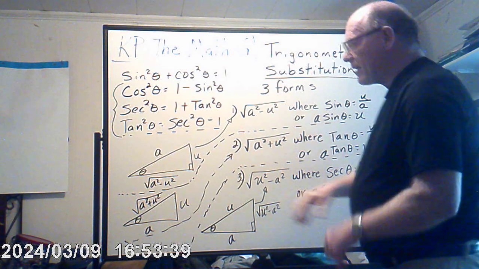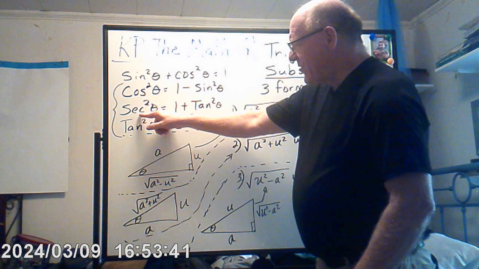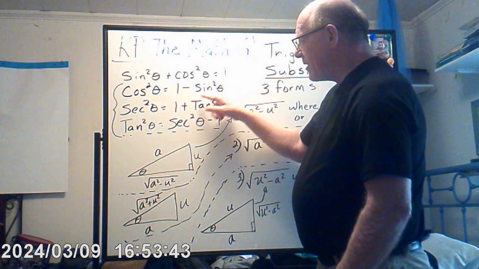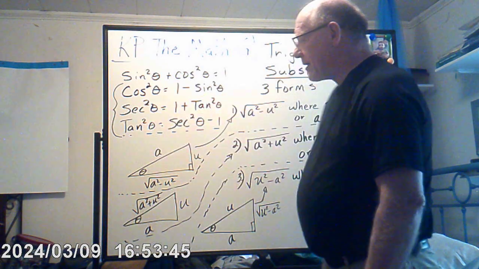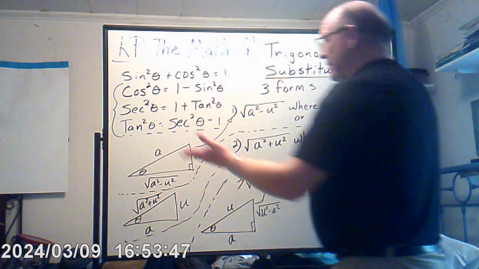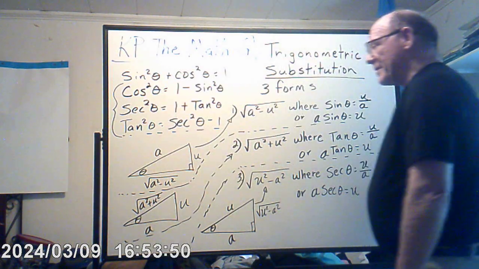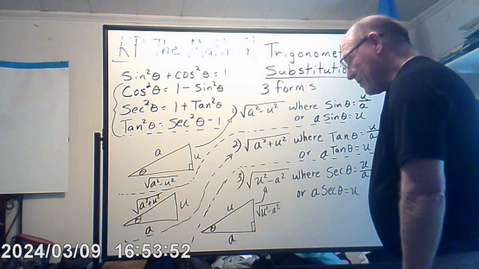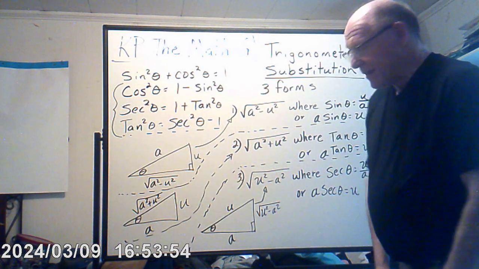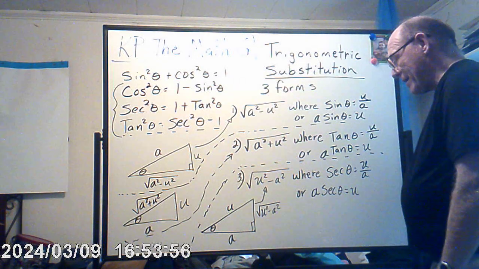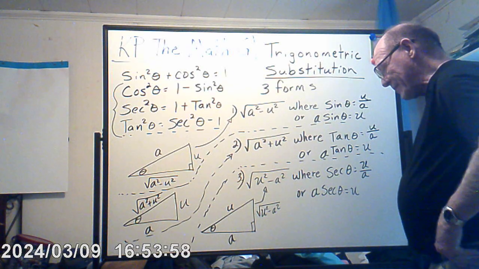So we're dealing with sine, secant, and tangent: sine squared, secant squared, tangent squared, and actually cosine squared. That's what we'll get into. You'll see when we start doing an example, and I may just have time for just one of them.